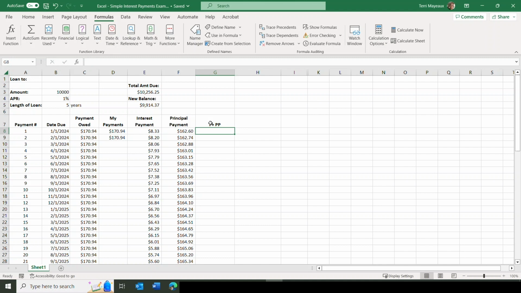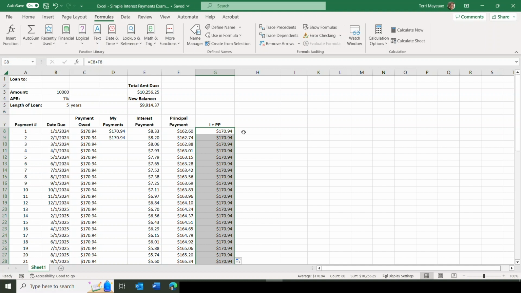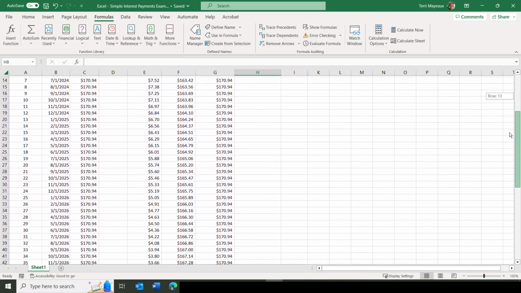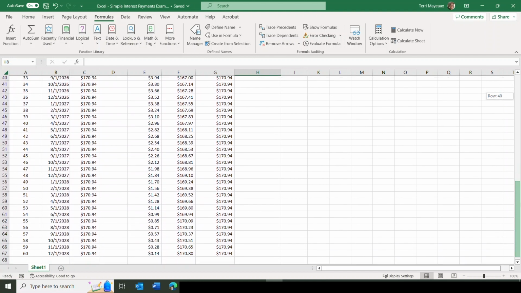And how would we do that? Well, we can just say equals, and that would be E8 plus F8, and then I can click on the check mark. And it says, yes, that's $170.94. Now, if you are really concerned about how this works, you could even find the fill handle here in G8 and do a double click, and you can see that as we copy that formula down, it always equals that $170.94.